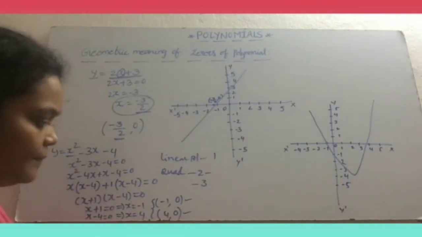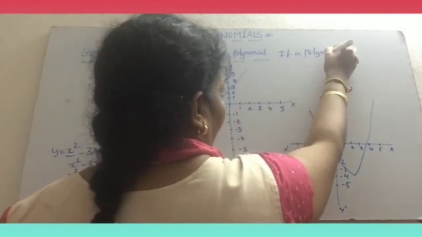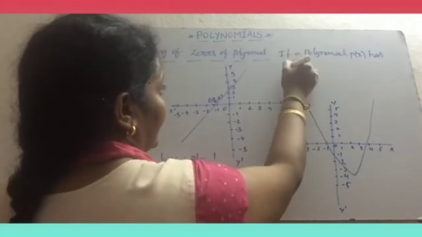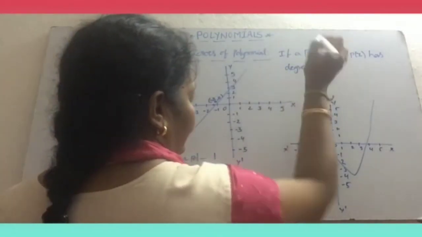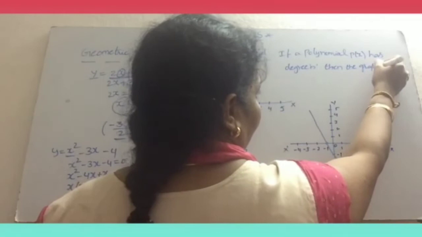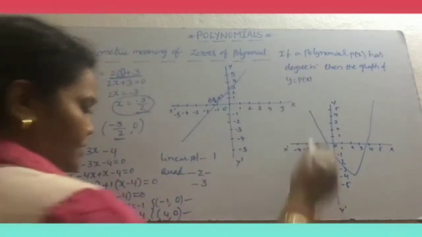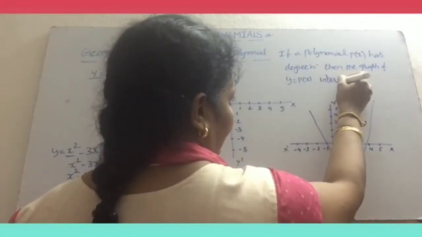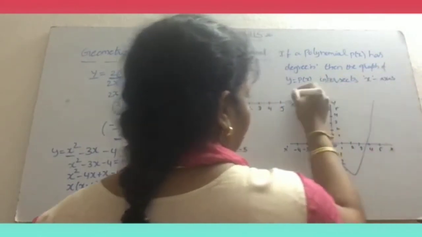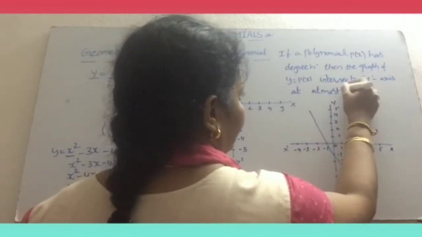So, in general, if a polynomial P of x has degree n, then the graph of y equal to P of x intersects the x axis at most n points.